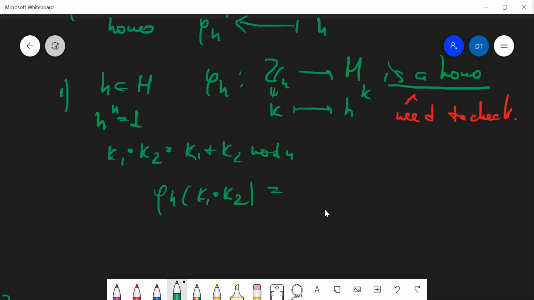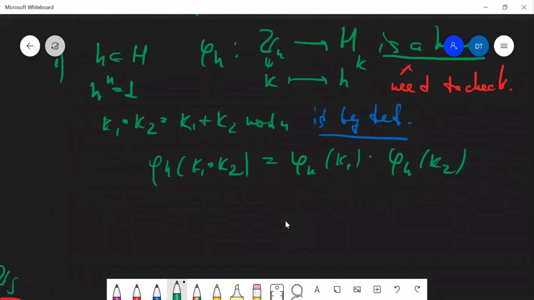It's not multiplication, it's our operation, by definition addition modulo n. Remainders modulo n do not form a group with multiplication, but with addition modulo n they form a group. We want to show this property, where here is this operation, and here is the operation from H.